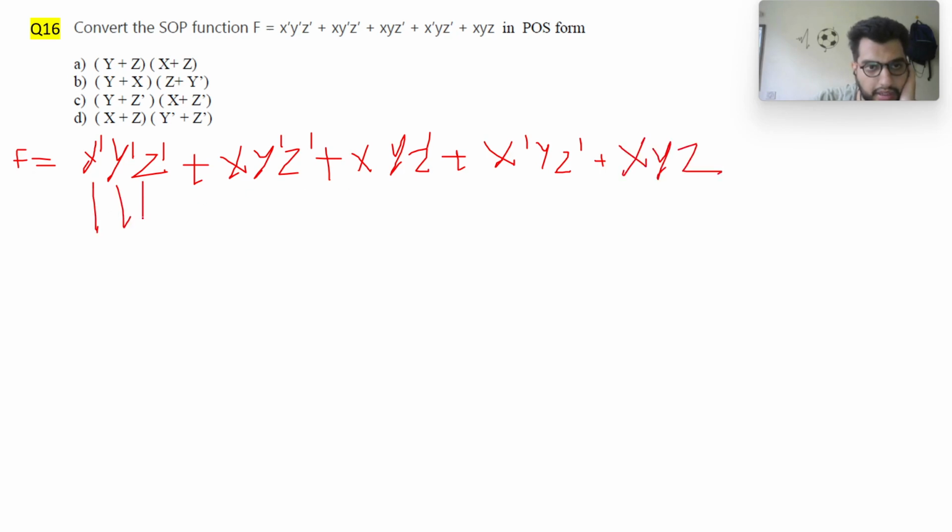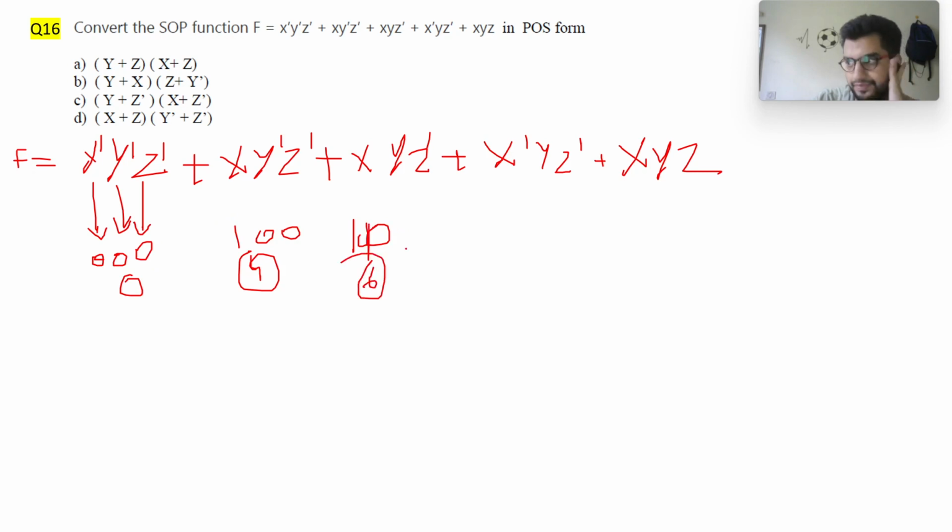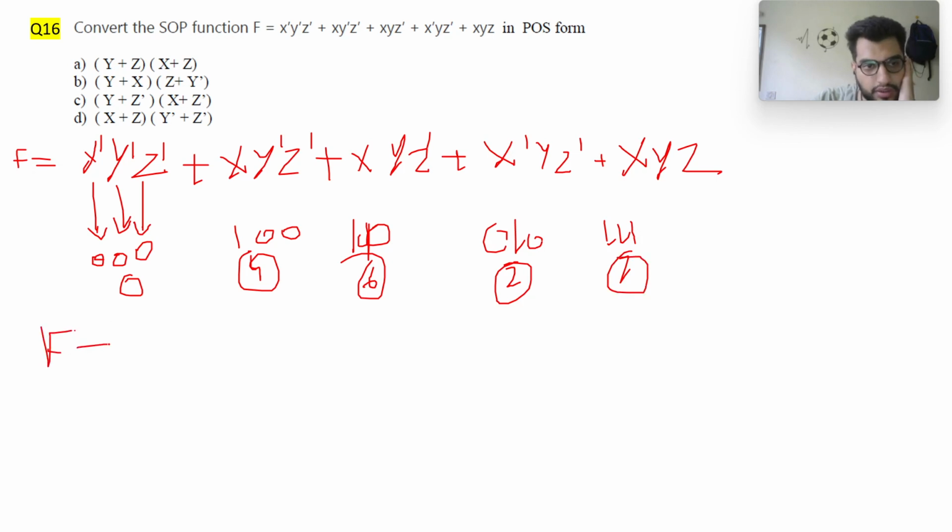So this can be written as 0 0 0, that is 0. This is 1 0 0, that is 4. This is 1 1 0, that is 6. This is 0 1 0, that is 2. This is 1 1 1, that is 7. So f is simply equal to summation of minterms 0, then 2, then 4, then 6, 7.